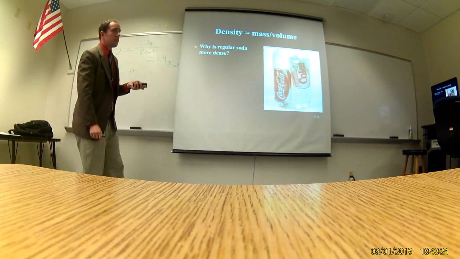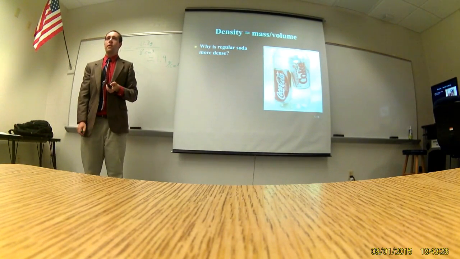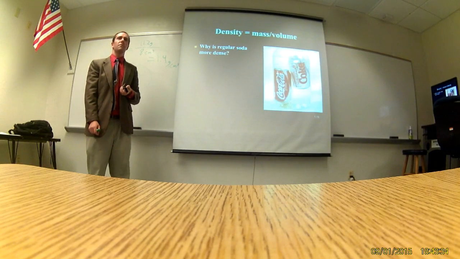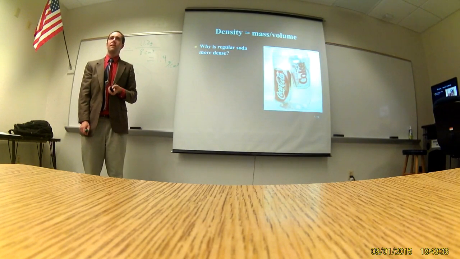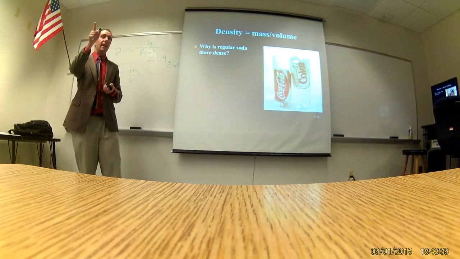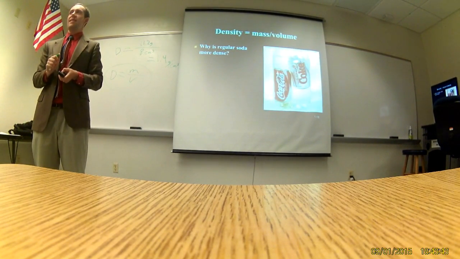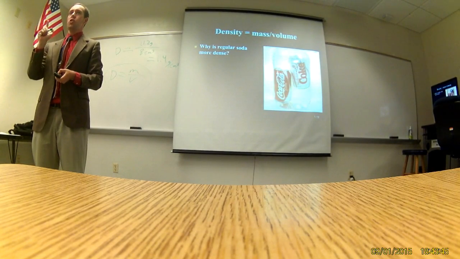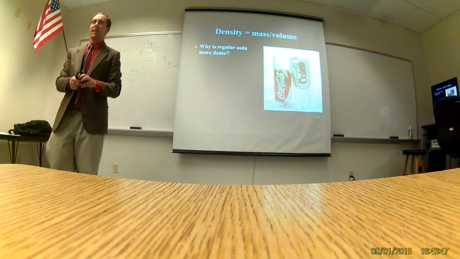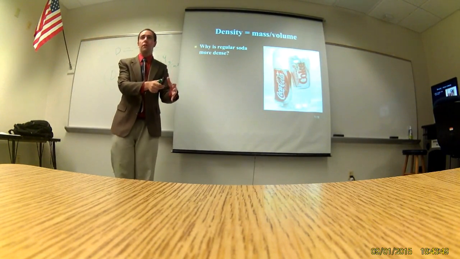Have you ever noticed this? Regular Coke sinks, Diet Coke floats. Why? Regular Coke has a higher density, exactly. Why? It has all of that sugar dissolved in it. It's just like regular water versus salt water.